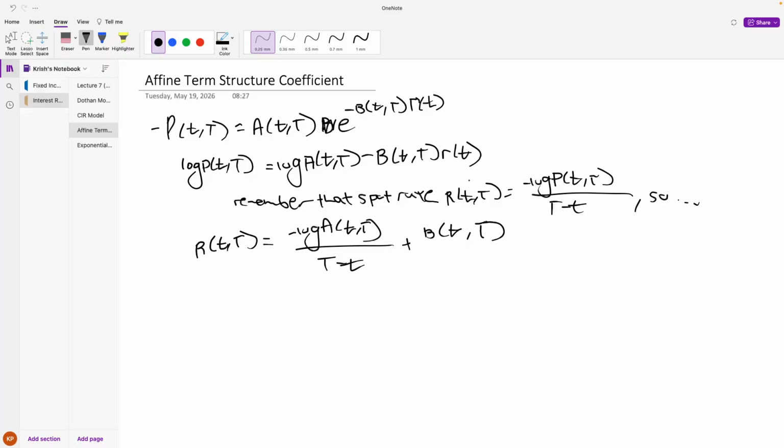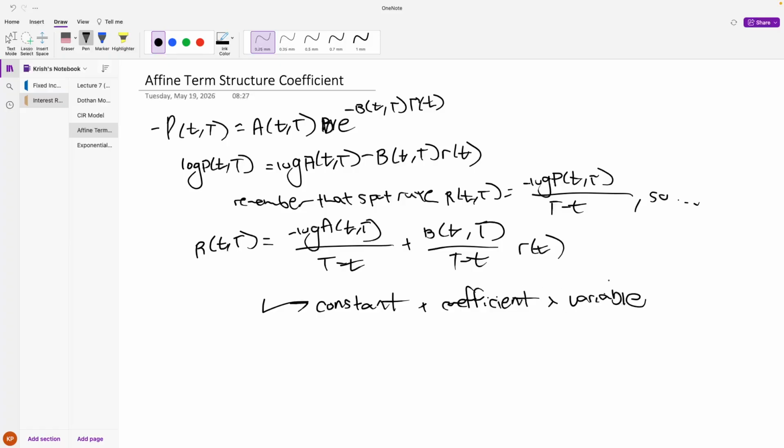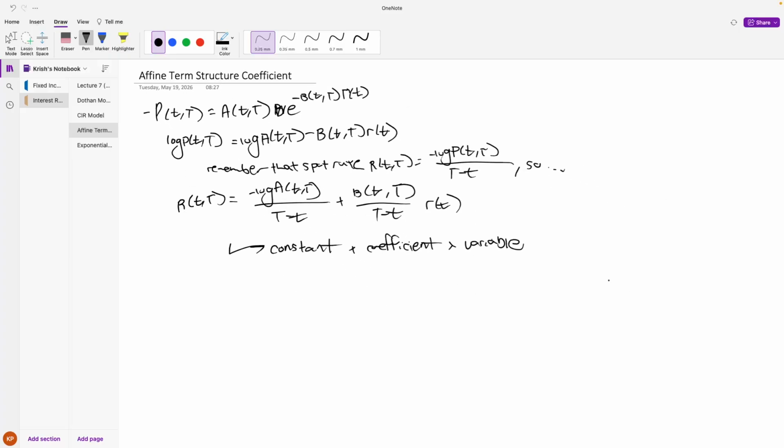Of course, you guys don't need to know the proof and how to simplify this. What it gives us, which is what I wanted to land on, is that the affine term structure family to price T-bonds follows the idea of having a constant plus a coefficient times a variable. Okay, and we talked about this in the last video, so kind of just a refresher.